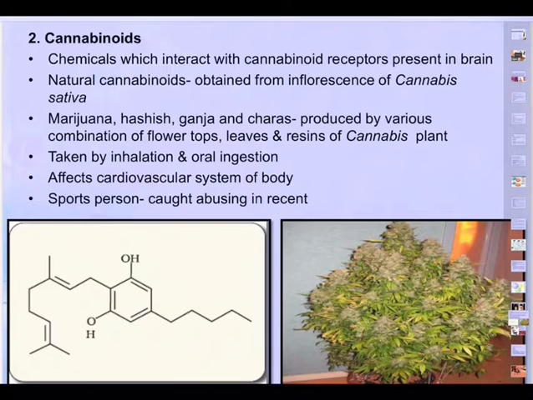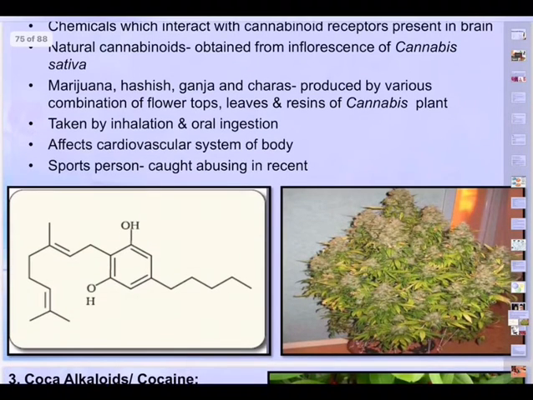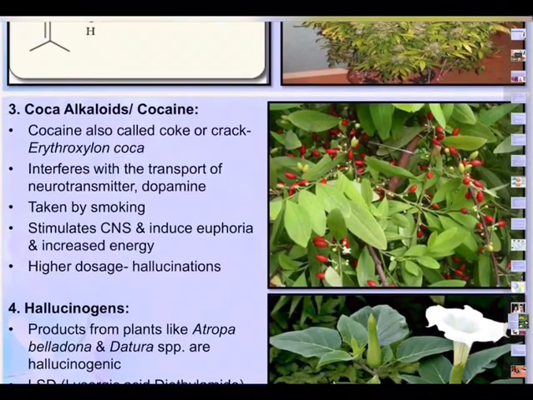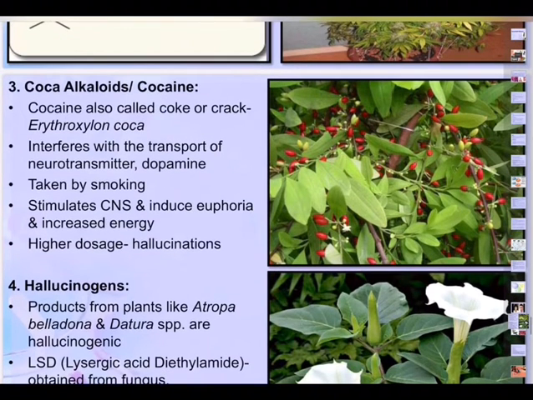These are combinations of flower tops, leaves and resins of the cannabis plant. It is taken through inhalation or oral ingestion. It affects the cardiovascular system, the heart gets affected. And sports persons, recently you have seen many were caught using this and they were disqualified.